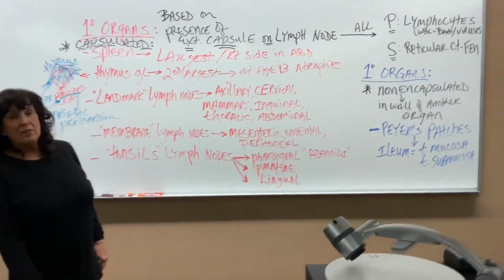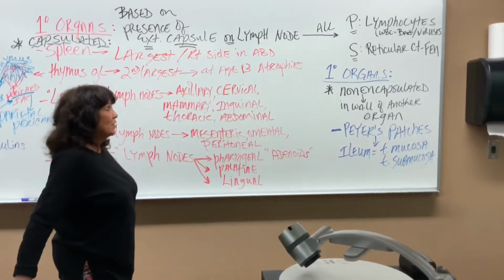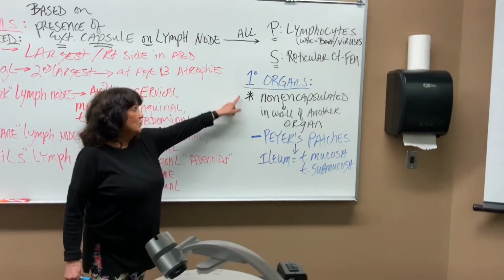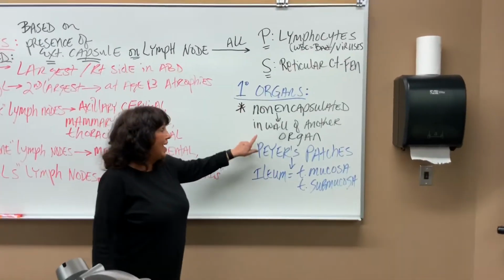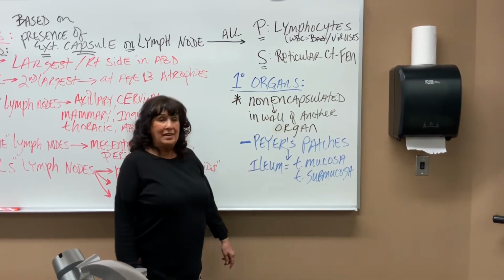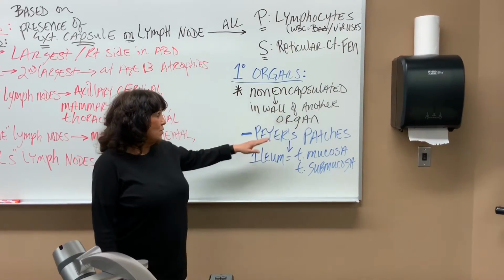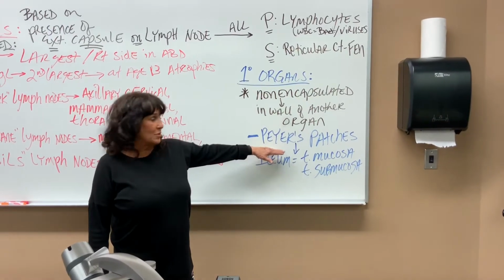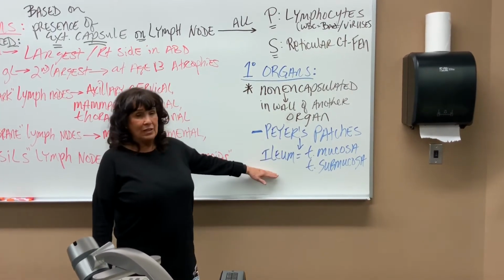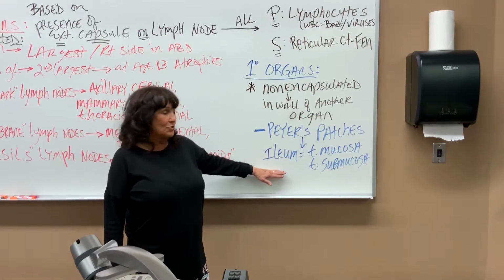Now, the only other set of lymph nodes there are the other ones called non-encapsulated. They do not have a capsule around them. And you already know these because we studied these in the digestive system. They are in the wall of the ileum, last part of the small intestine.